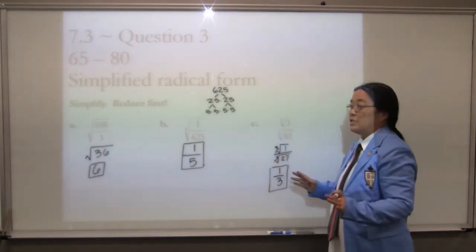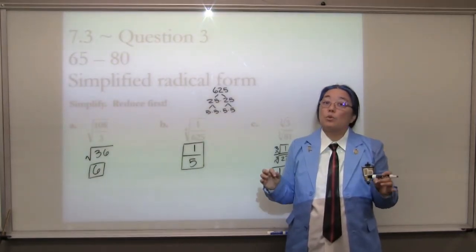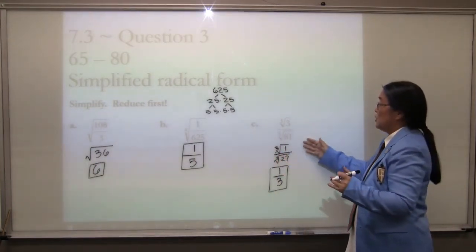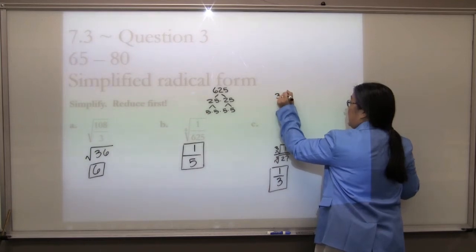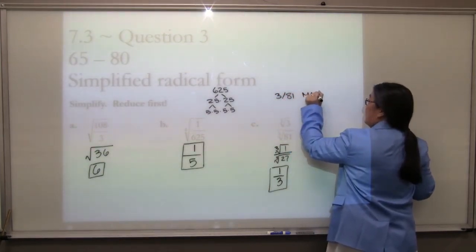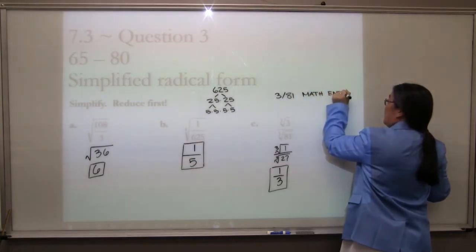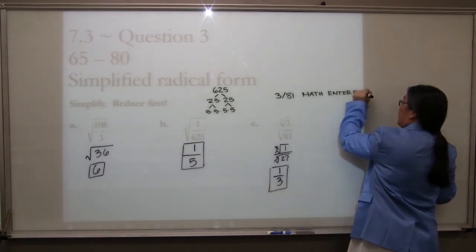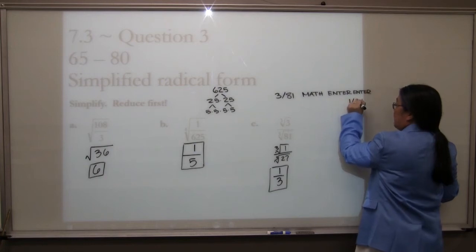On some of these, you're going to get a calculator version of this, where we're going to give you really, really large numbers. Something to think about is you could actually put into your calculator 3 divided by 81, and then press Math, Enter, Enter. That will give you 1 divided by 3.